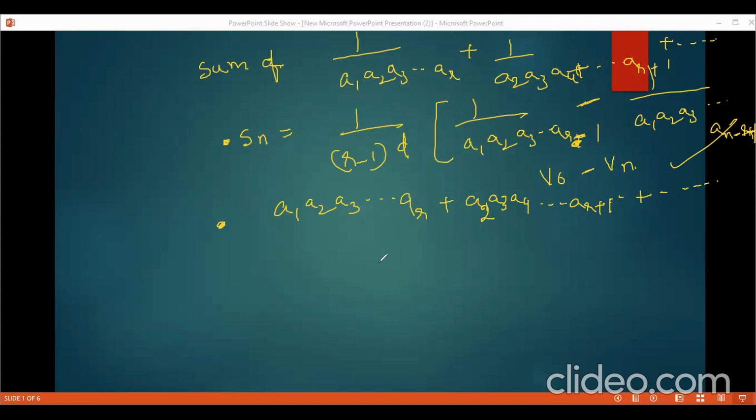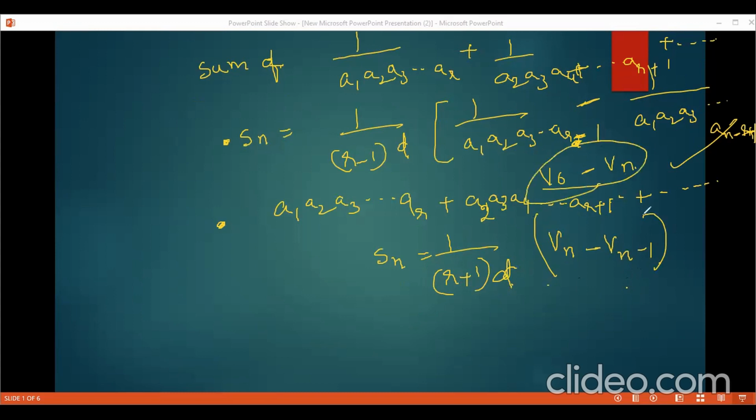Sn is equal to 1 by r plus 1 times d into 1 plus r plus 1 times d into Vn minus Vn minus 1. Here Vn minus Vn minus 1, whereas in the previous case V naught minus Vn. Here r minus 1 into d, here r plus 1 into d.